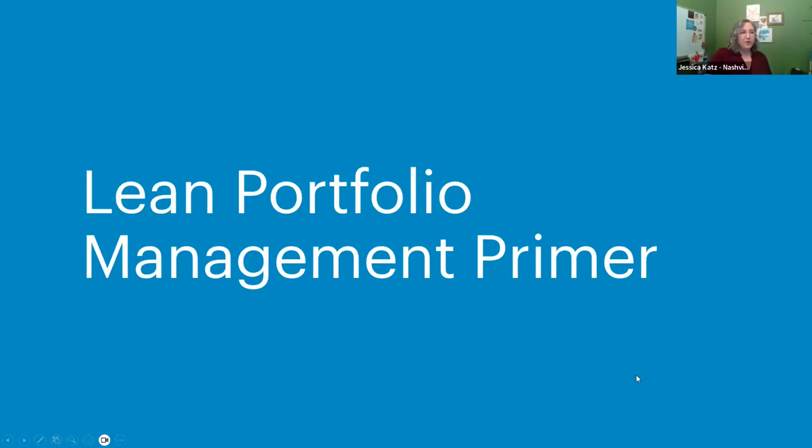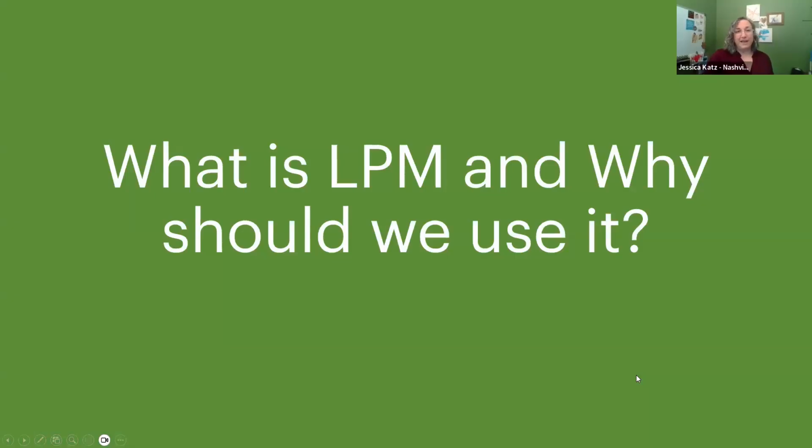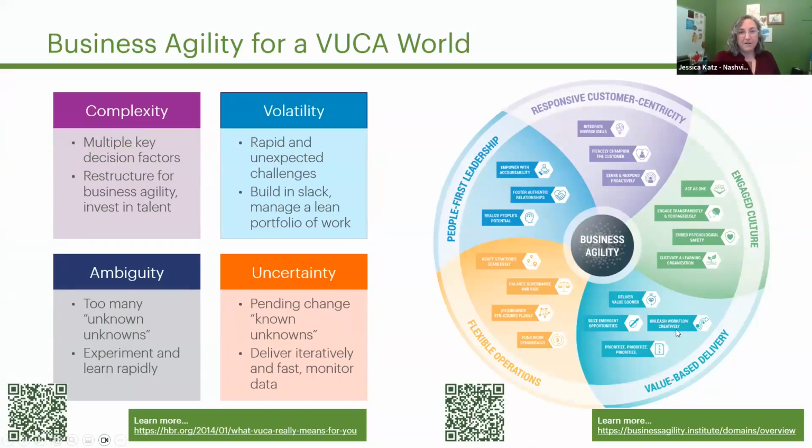So we're going to start with what is LPM and why should we use it? Actually the other way around, we're going to say, why should we use it and what is it? The first thing we want to remember is that business agility is the developing world of Agile these days. Agile started in manufacturing.